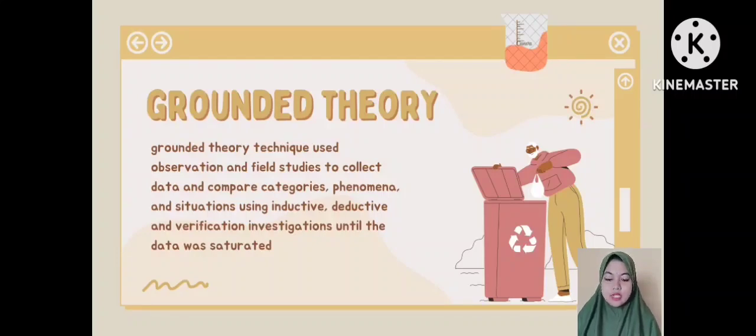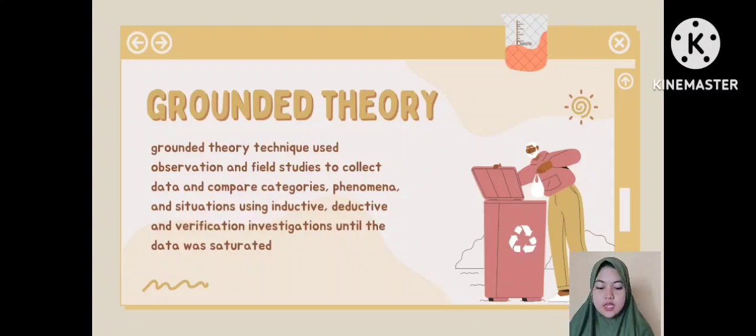This method starts from a statement that is still vague and finally produces a theory that is collected from various data. Grounded theory was originally developed in the 1960s by sociologists Barney Glaser and Anselm Strauss, whose research discovery of grounded theory was published in 1967.